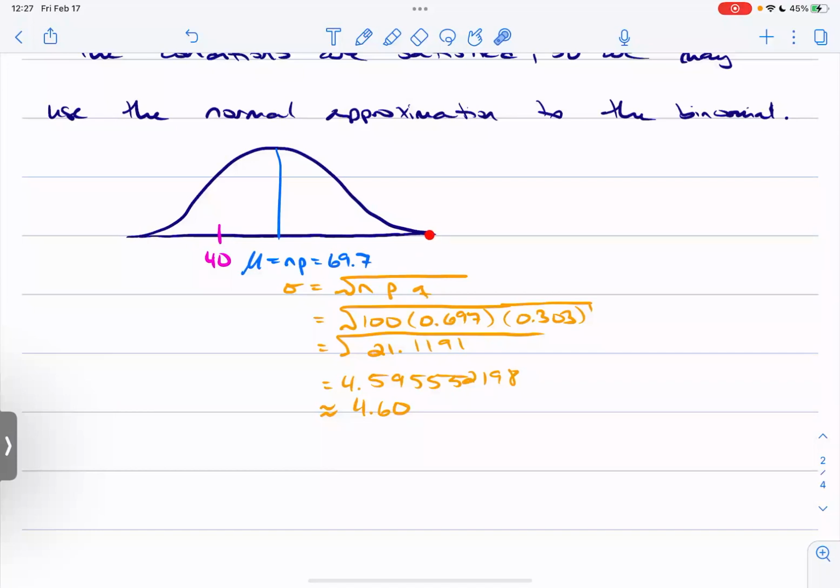On this number line, I'm expecting 69.7, but there's some wiggle room around 69.7. And now we want to know the probability that less than 40 have drank, which means that this is the value I'm interested in. That's the value I want to find some probability associated with.